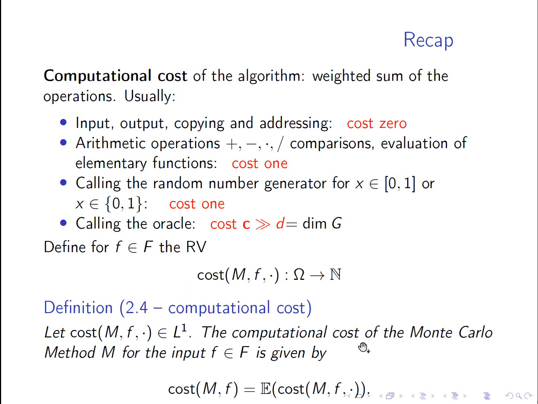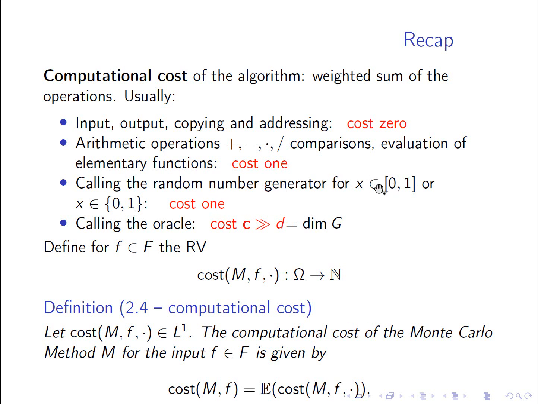And another recap: what's our cost model? The computational cost of the algorithm is the weighted sum of the operations. Input, output, copying and addressing all have cost 0. Arithmetic operations such as plus, minus, multiplying and dividing have cost 1, as have comparisons and evaluations of elementary functions like sine, cosine, ceiling, etc. Also our random number generator has cost 1, so one random number costs 1.